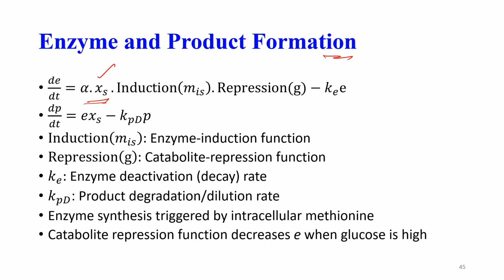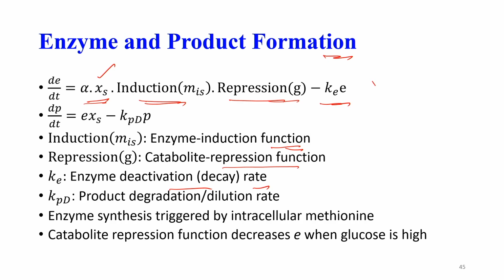So, alpha into XS plus an enzyme induction function and an enzyme repression function, particularly this catabolic repression function that we will be discussing, because many times glucose acts as a catabolic repressor here, minus Ke, where Ke is the enzyme deactivation rate into E.